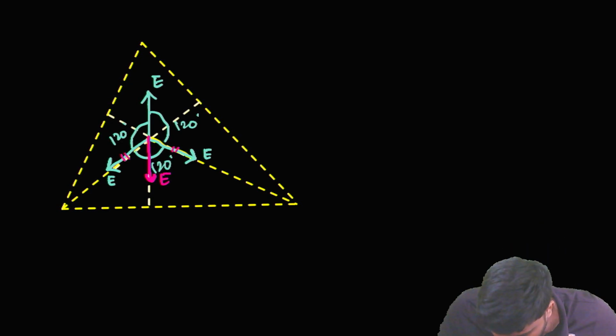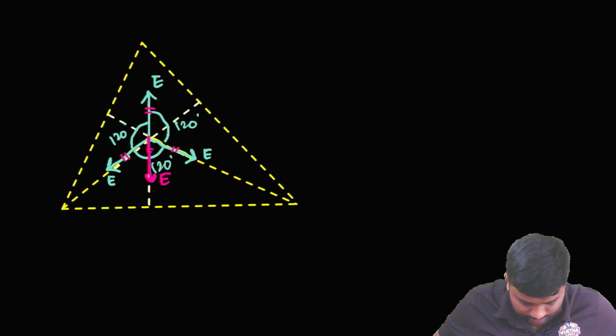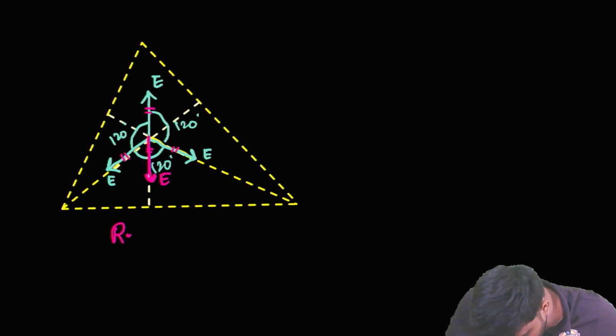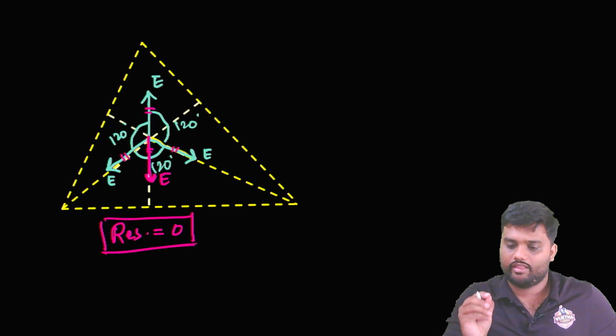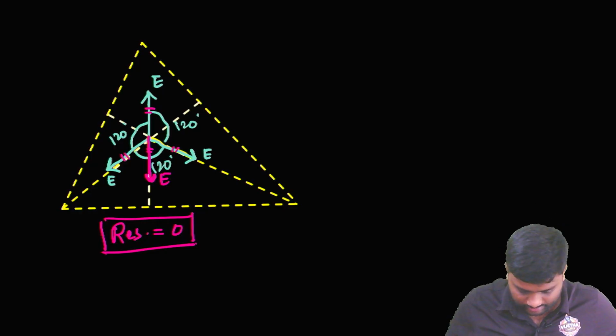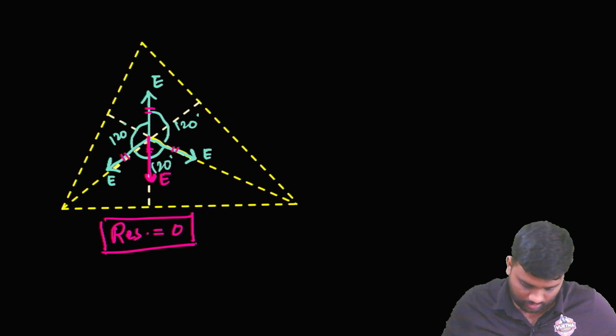This electric field and this electric field are equal and opposite, so the resultant will be equal to 0. The resultant at that point O is going to be 0. Right? Okay.